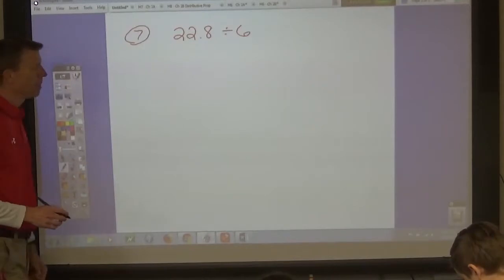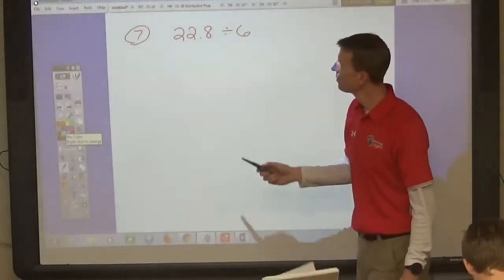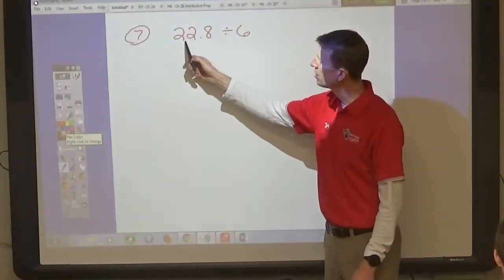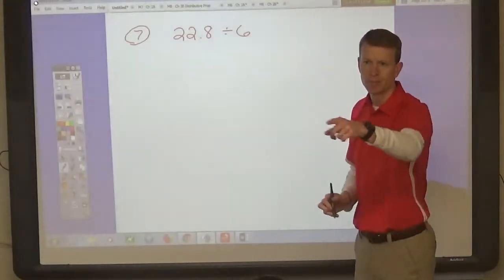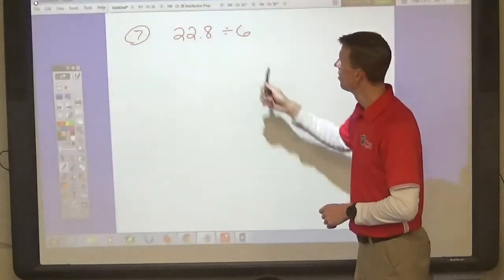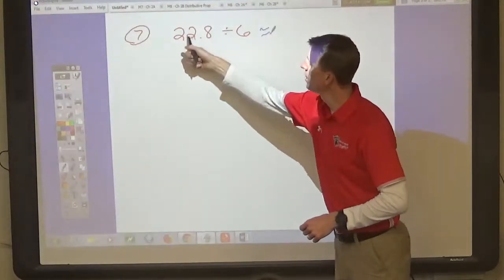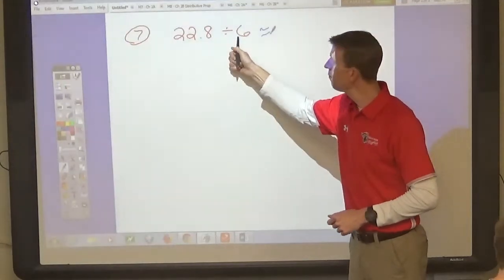What would this be approximately? Well, we have to think about compatible numbers. What's a close number that 6 would go into? Well, what I mean is, what's close to 22 that 6 would go into? 24, right.